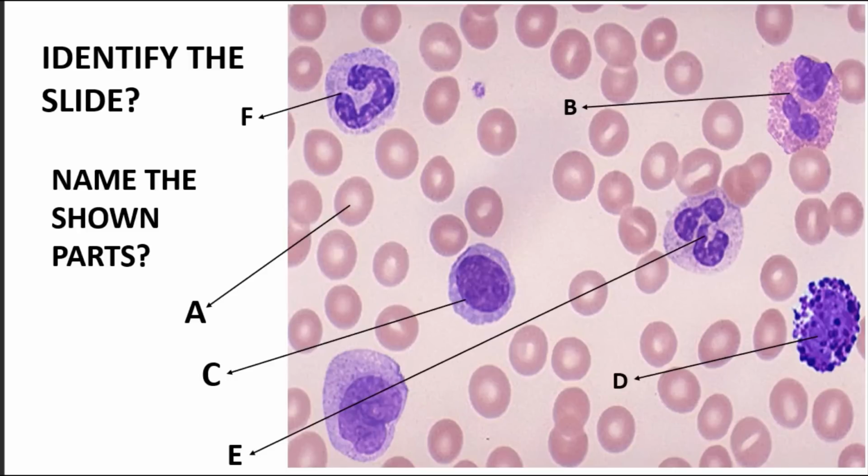Identify the slide. This is a blood tissue smear. Name the shown parts. A is a red blood cell. C has a very big oval nucleus, so this is a lymphocyte.